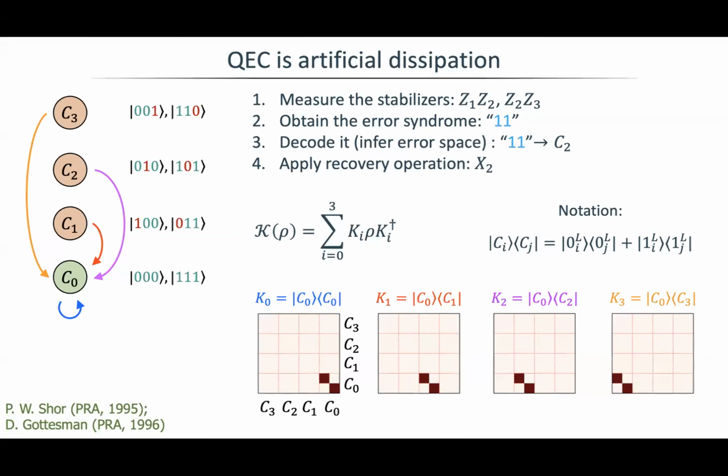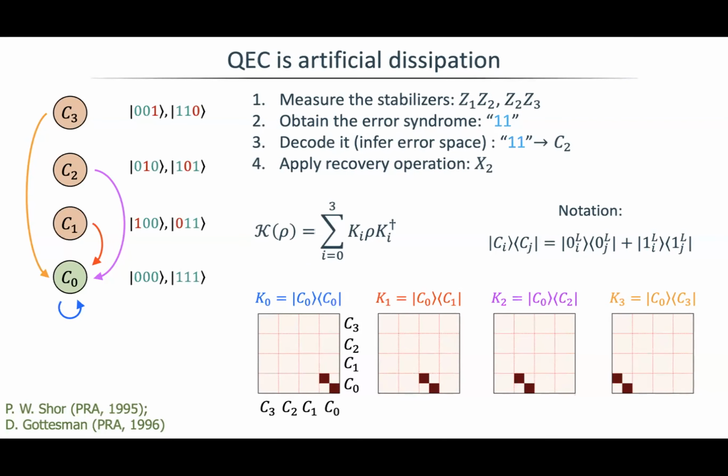It's also represented with this arrow, and you see that it looks like a tiny identity matrix inside the block that corresponds to the code space. Then this other Kraus operator corresponds to the case when we found an error in this subspace C1, and then we corrected it and it transfers the state to C0. So it looks like this transition matrix.